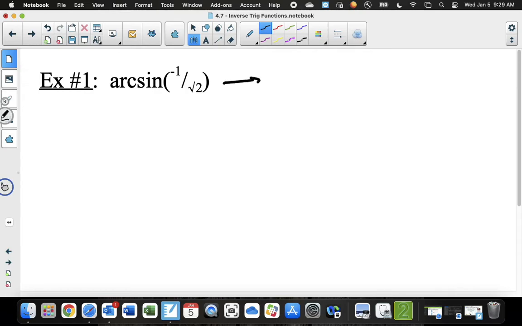So here's the first part. When I ask you what's the arc sine of -1 over the square root of 2, what I'm actually asking you is, the sine of what angle equals, and let's get this a little bit nicer here. That's not one of the nice values on your unit circle. If I rationalize the denominator, what does that become?